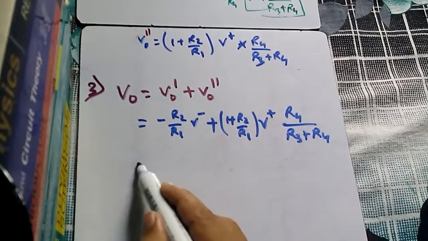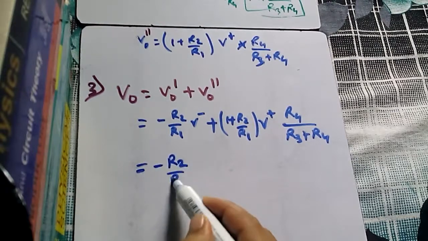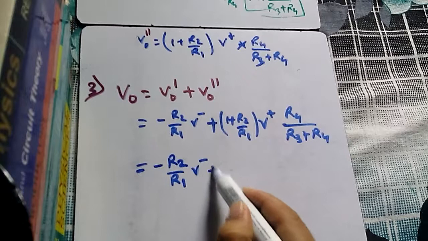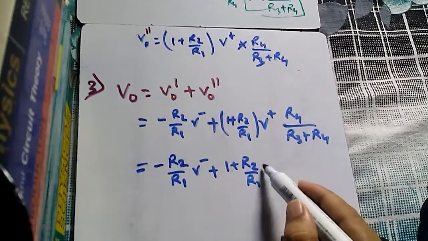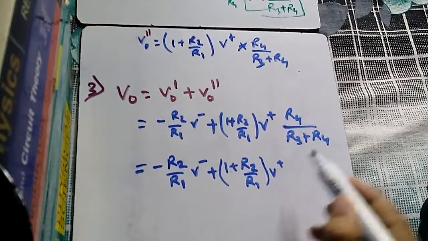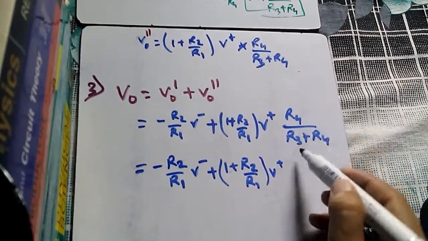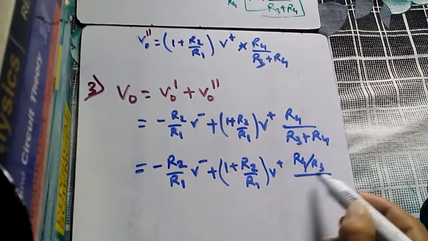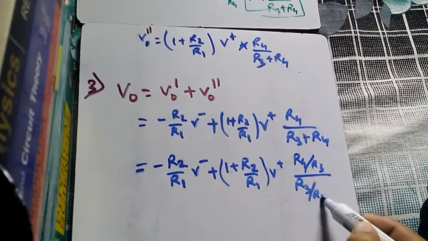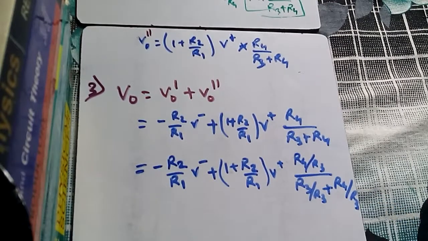Now here we do a little maneuver. You will realize why we are doing this. Let's divide the numerator by R3 and the denominator by R3, so R3 by R3 plus R4 by R3.